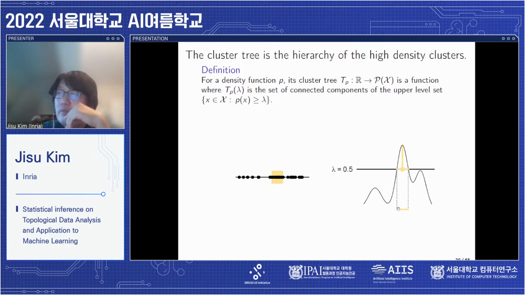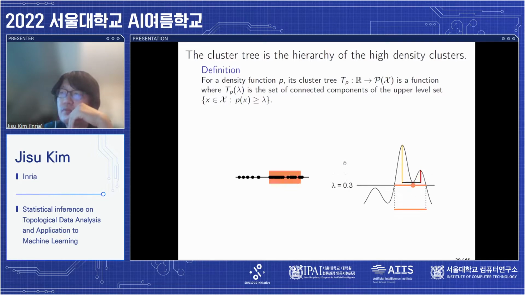And then you retrieve the connected components of the upper level set for all possible levels, from infinity to 0. So for example, when you decrease the level to 0.4, now you have these 2 connected components here.